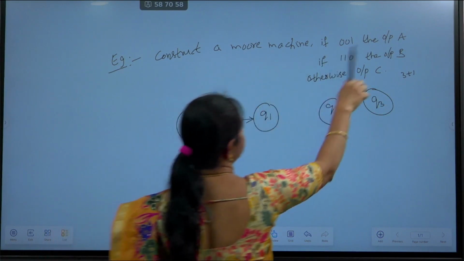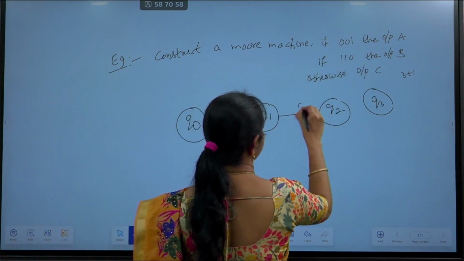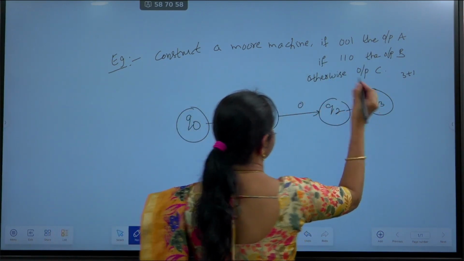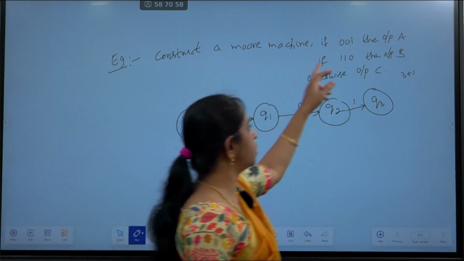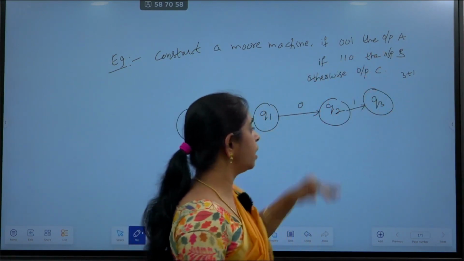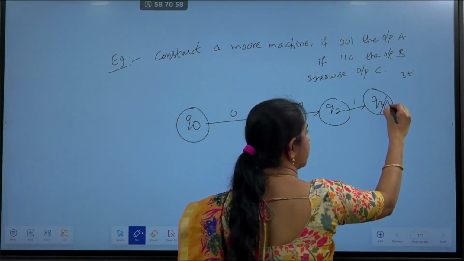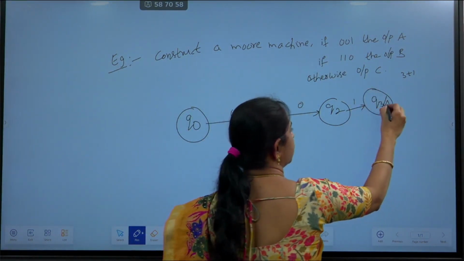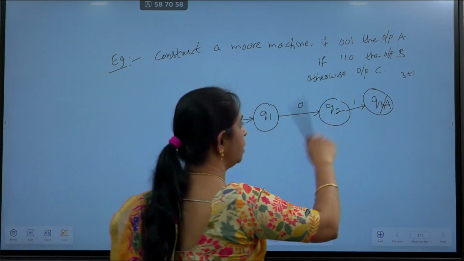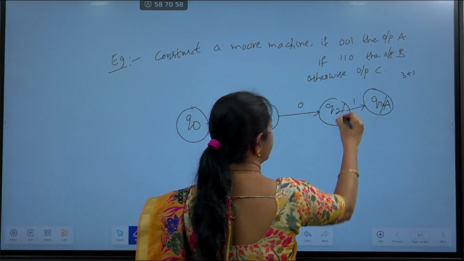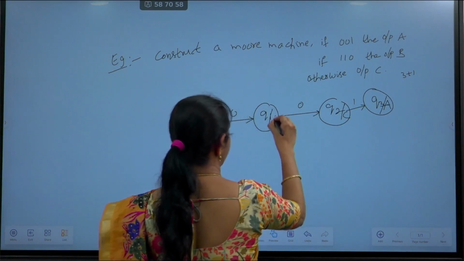According to the condition, if the substring is 001, the output is A. So we write A with the state because it is a Moore machine. In all the remaining cases, otherwise the output is C, so we write C here.